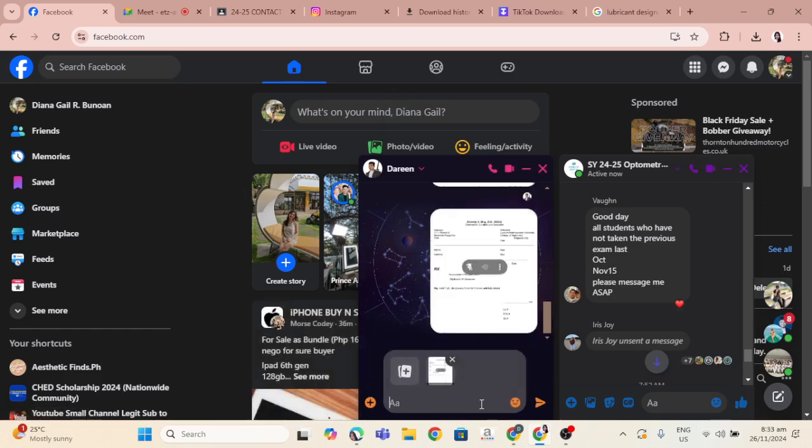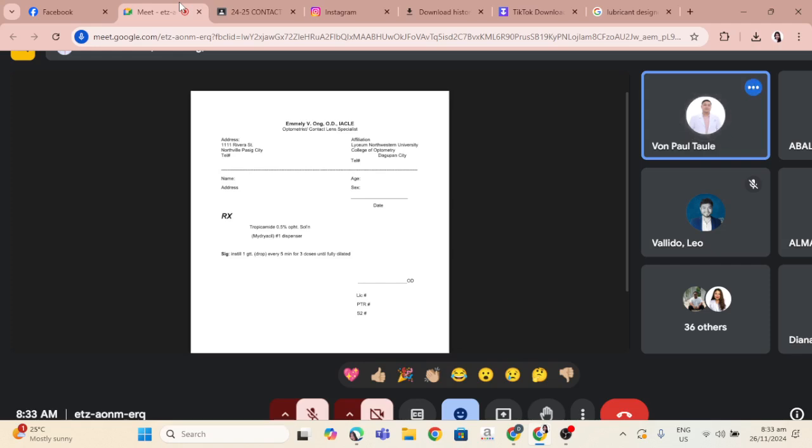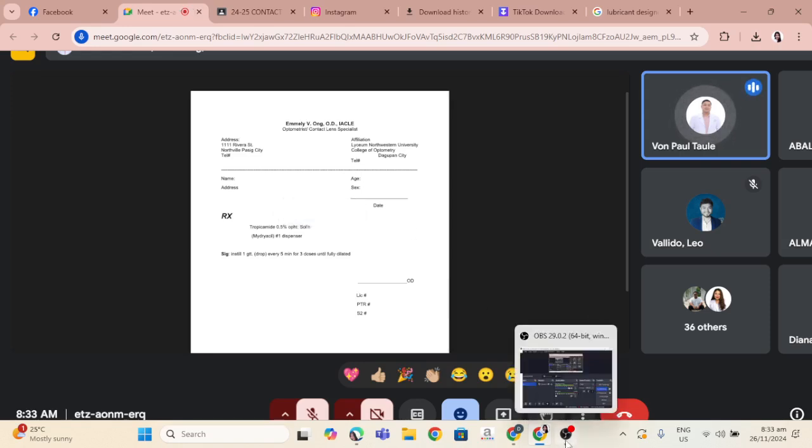Next one, under Annex B pa rin is contact lens solution prescriptions. Unfortunately, even contact lens solution sometimes needs some prescriptions also. Kasi there are some solutions that have a certain instruction as to how you should use them.